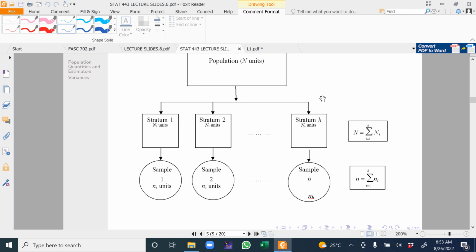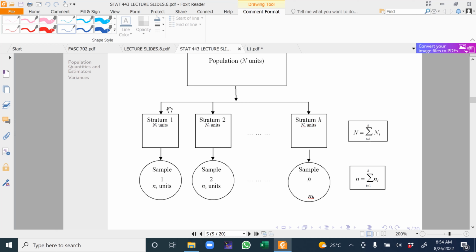This classification is such that if you sum up the sizes of stratum 1, stratum 2, stratum 3 and so on for all strata, it must equal the original population size.